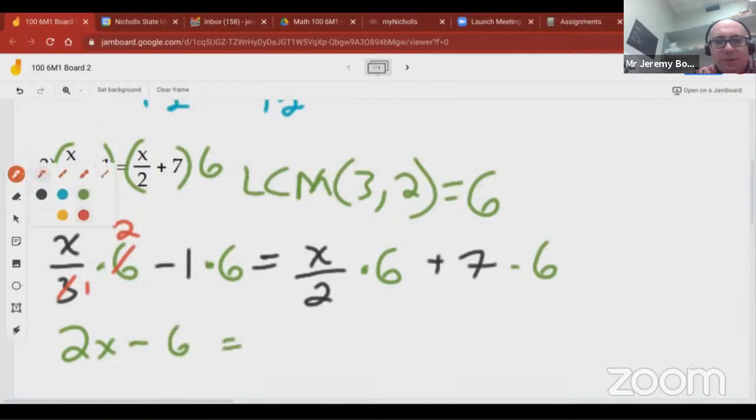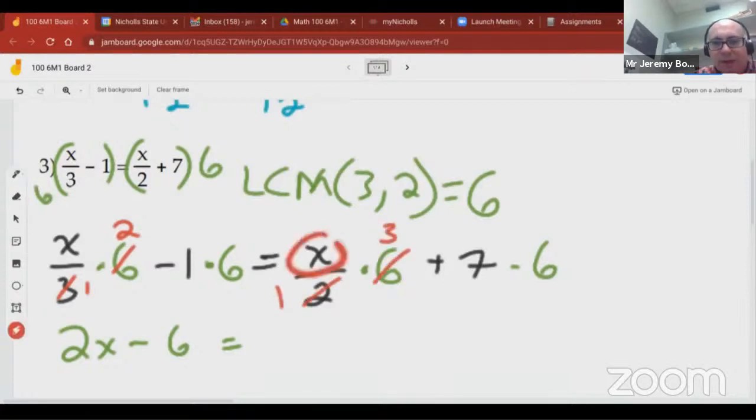On this one, the 2 and the 6 will reduce. This will become a 1. This will become a 3. And so you're going to have x times 3, which is going to be 3x. And then don't forget the 7 times the 6 as well. So this is going to be plus 42.